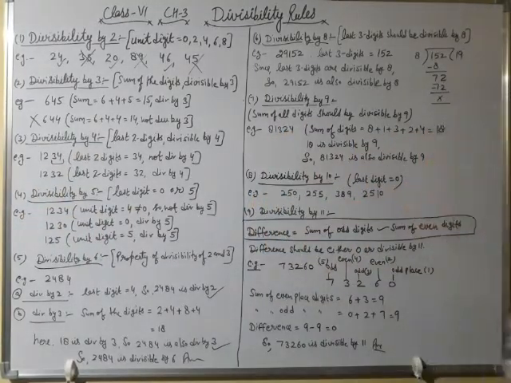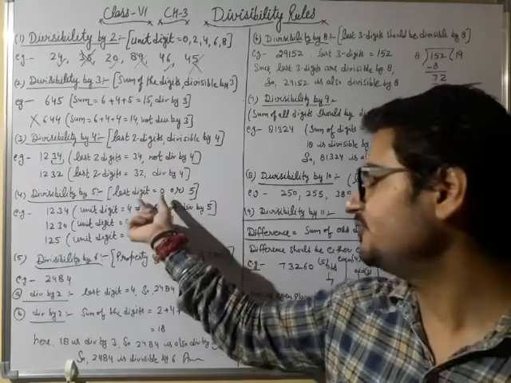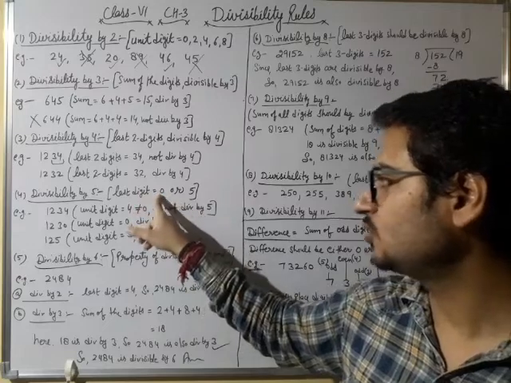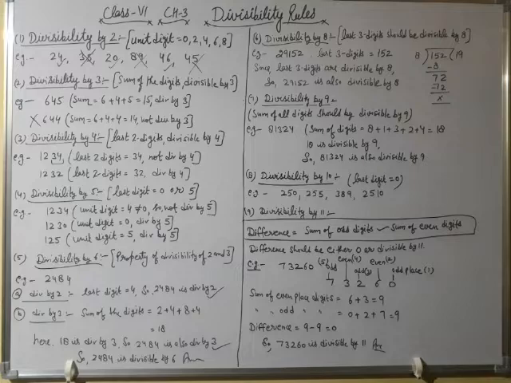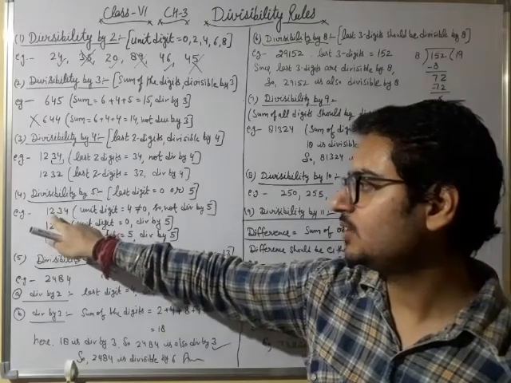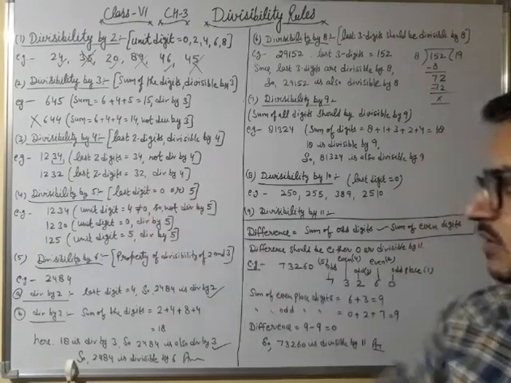Next property is divisibility by 5. It is very simple to understand. If the last digit of the given number is either 0 or 5, then that number is divisible by 5. Otherwise, the number is not divisible by 5. In the first example, 1234, the unit digit is 4 and 4 is not equal to 0 or 5.